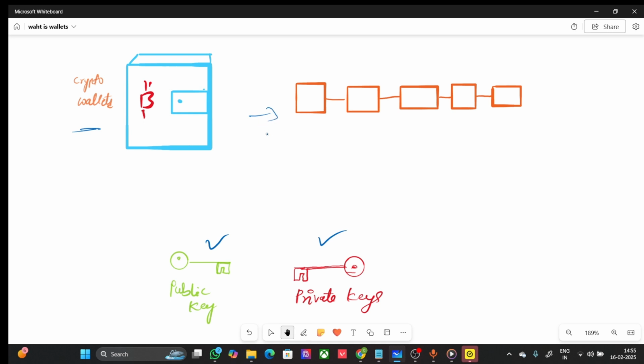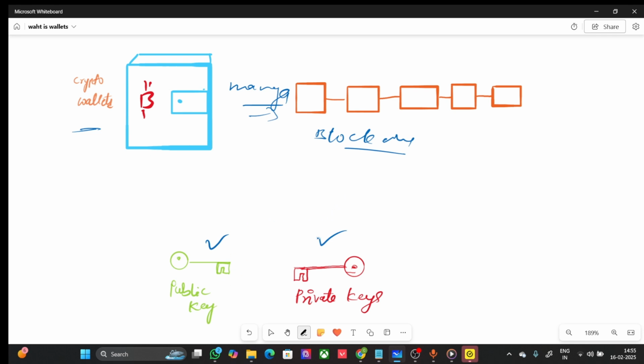So whatever assets or cryptocurrency we have will be stored on the blockchain. They won't be directly present in our wallet, but these wallets allow us to manage that cryptocurrency on the blockchain, and that managing is done through these two keys.